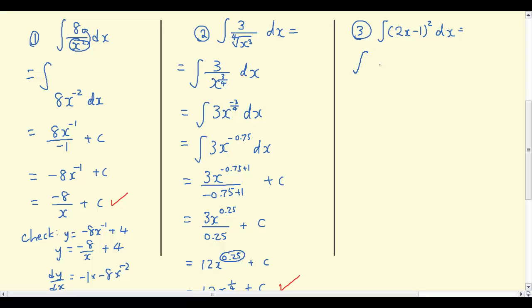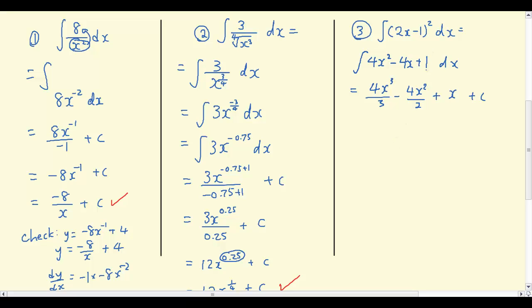So then this becomes 2x times 2x, 4x squared, plus 1 in the end, and then negative 2x minus 2x is negative 4x dx. And now we can just integrate it quickly using the integration rule. So that's 4x cubed over 3 minus 4x squared over 2 plus x plus c.